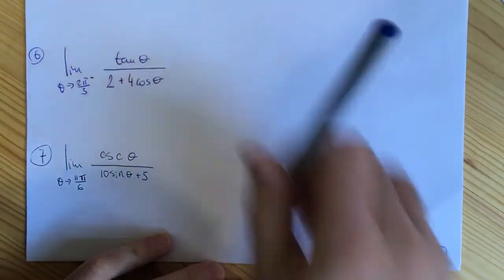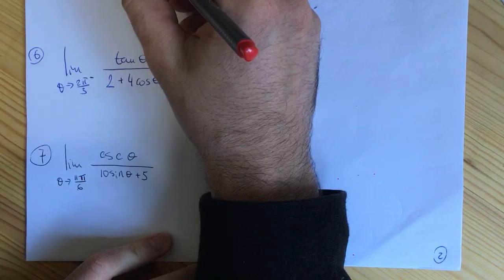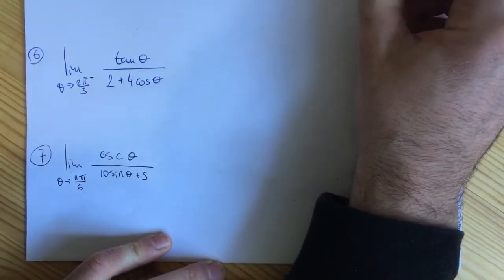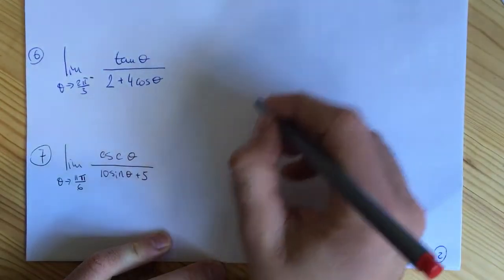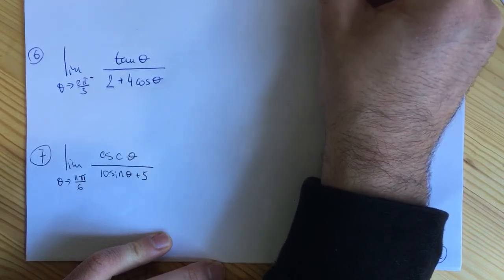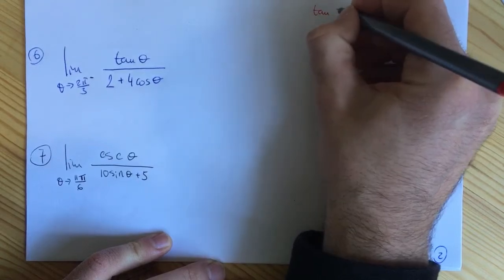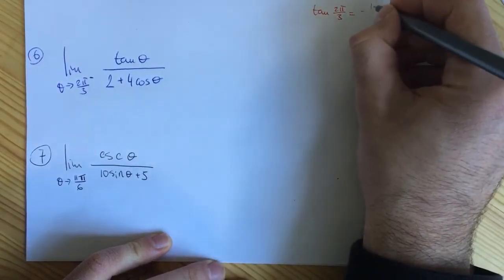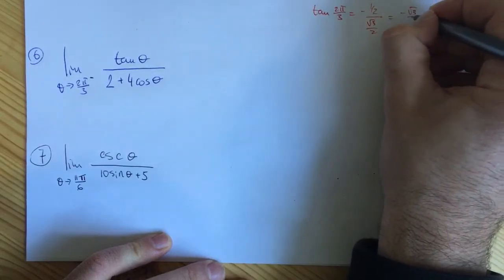Okay, so here tangent of 2 pi over 3. How much is tangent of 2 pi over 3? 2 pi over 3 is right here. This point has coordinates negative 1/2 and square root of 3 over 2. So that means that tangent of 2 pi over 3 is negative square root of 3 over 2 over negative 1/2, which is negative square root of 3.